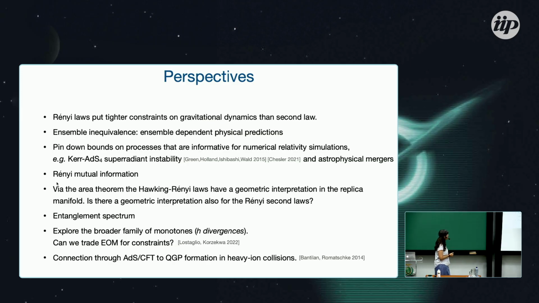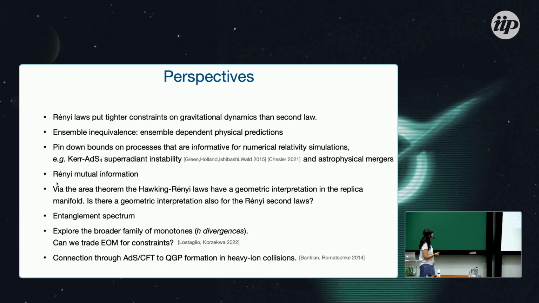Very importantly, they give ensemble-dependent physical predictions, and this is just because by definition Renyi quantities depend on fluctuations. And so what we are trying to do, which is the idea that motivated this work, is to pin down processes that can actually be informative for numerical GR and astrophysical mergers.